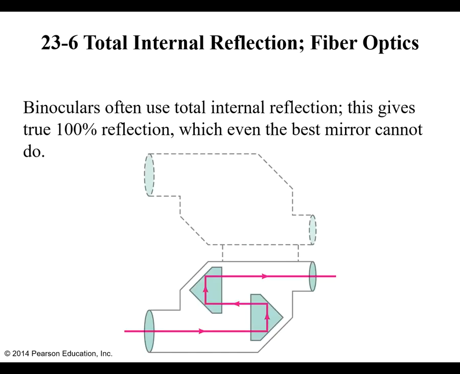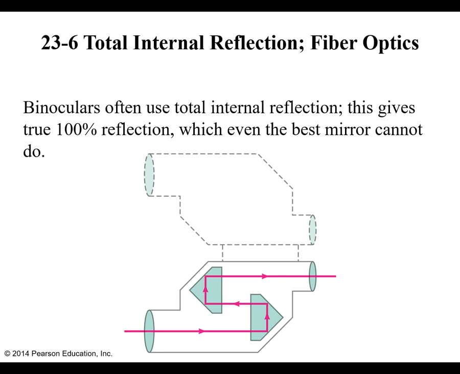Now this is really helpful in optics. We like to use mirrors. Mirrors are great, but when you need precision instruments, such as in astronomy, even mirrors are not 100% reflectors. They often absorb some or even refract some.